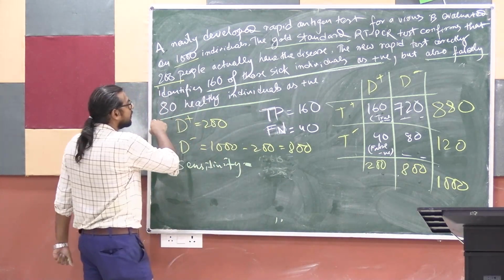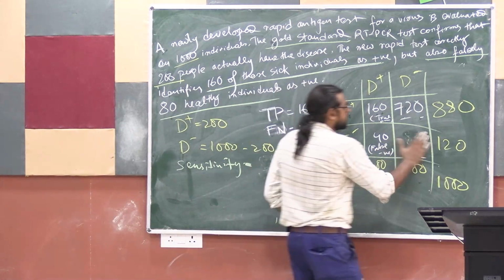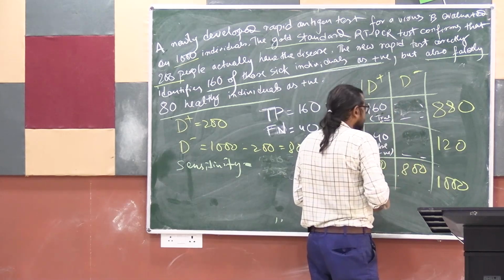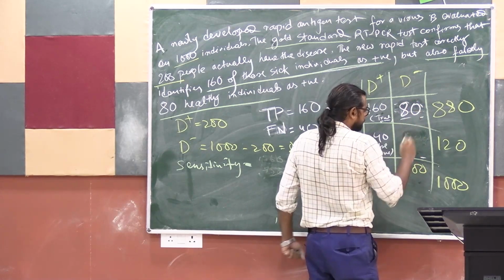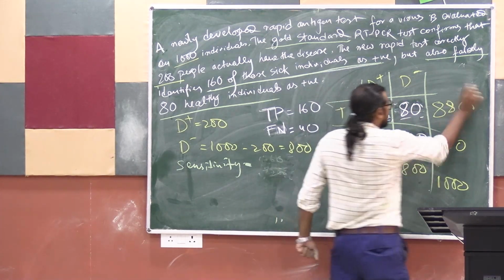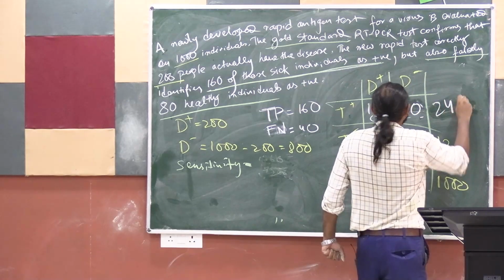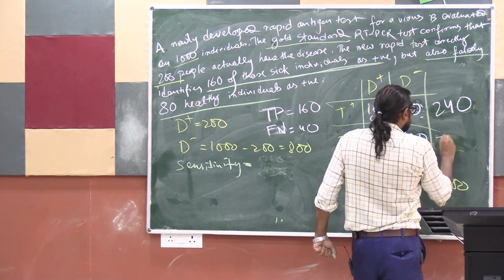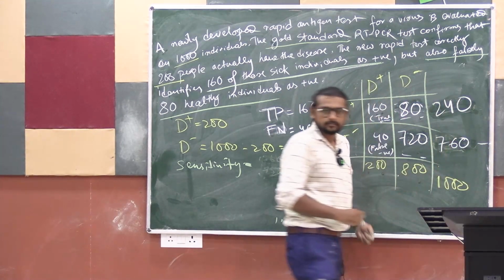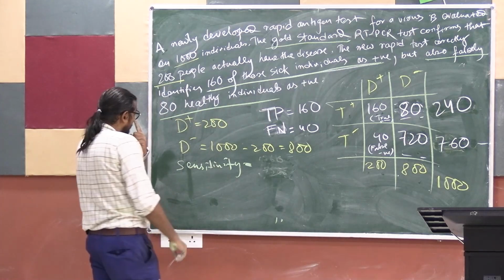Falsely identify. Oh, sorry, my bad. Sorry, very sorry. 80, 720, 240, 760. Correct? My bad.